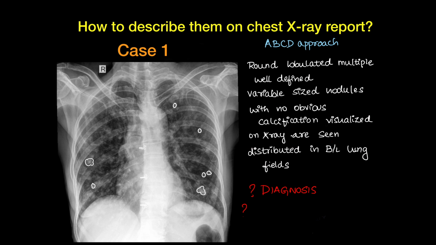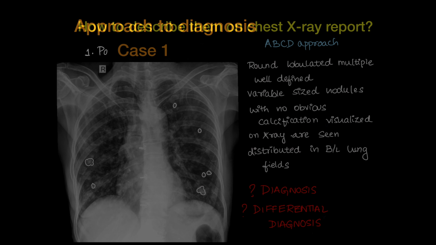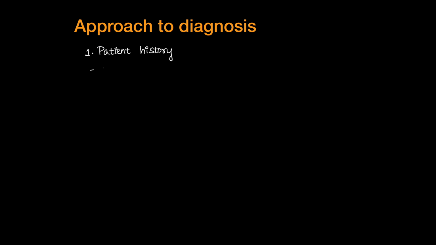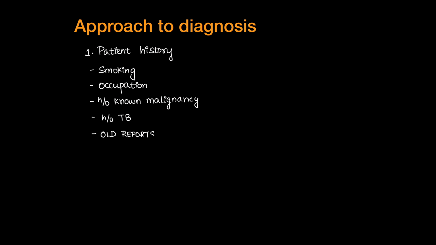What is the diagnosis or what is the differential? For this we have to go to a more patient-centric approach. In order to come to a differential diagnosis, we have to look at patient history: whether he's a smoker, any occupational history, any history of known malignancy, known history of TB, and look at old reports if available. In radiological characterization, we have to see sequential X-rays if available.